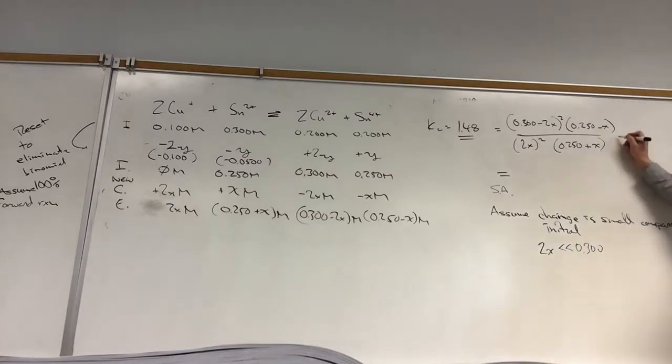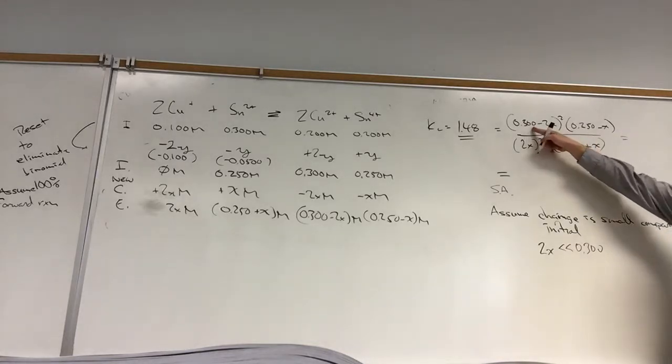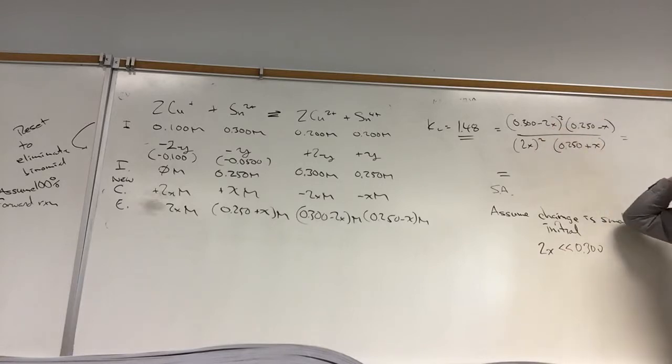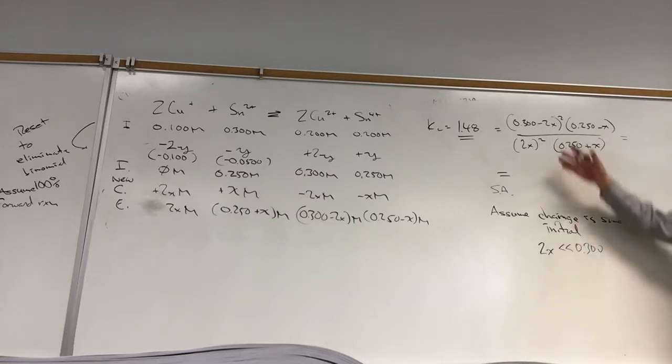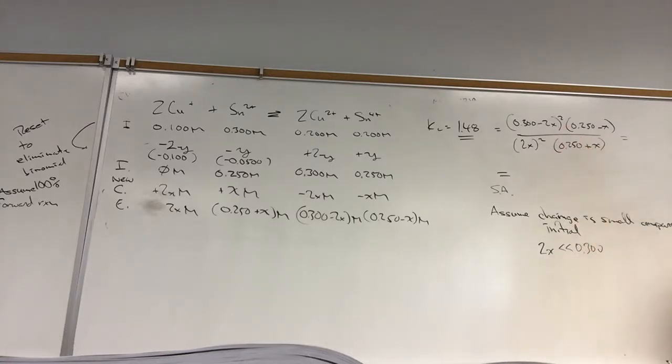If I have a swimming pool and I lose 2 drops, but how do I know it's 2 drops? Because I don't know what x is. That's true, you don't know what x is, so you're just going to go ahead and pretend it's going to work. And if it doesn't work, we'll know because when we get our x value it might come out to 50,000 gallons rather than 2 drops. If it comes out to like 50,000 gallons, then it's a significant change.